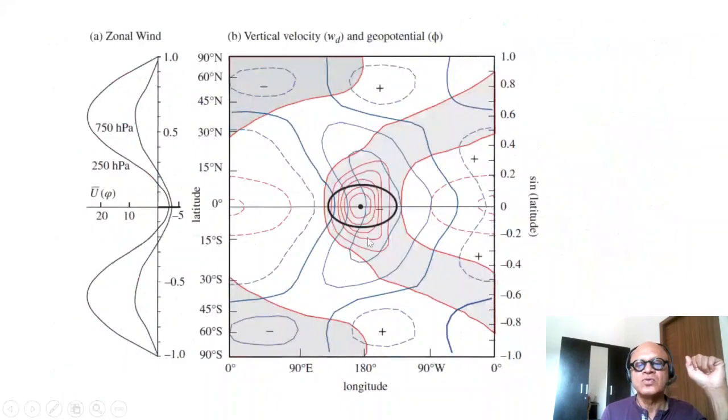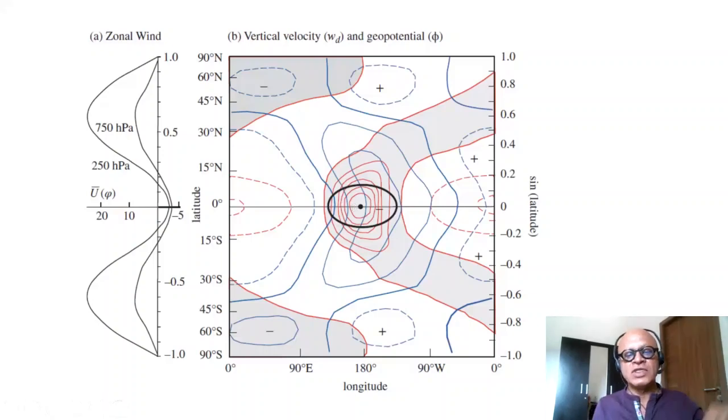Okay, so you have heating which is dying away within a scale that is shown here, and you obviously have vertical motion and compensating downward motion in both the meridional and zonal direction with these kind of quadrupole structure, which is very typical of simpler models like the Gill model with imposed heating.